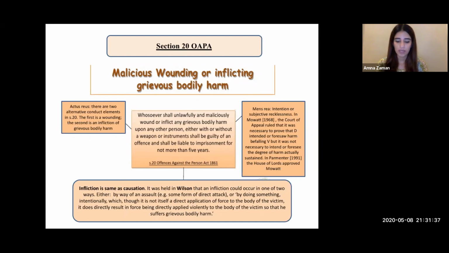So there can be intention or there can be recklessness. When I say recklessness, it means that the prosecution would not have to prove that the defendant specifically intended to cause grievous bodily harm to the victim.